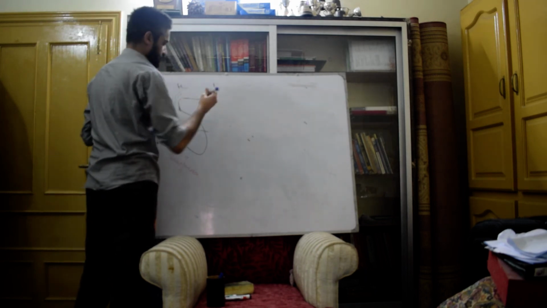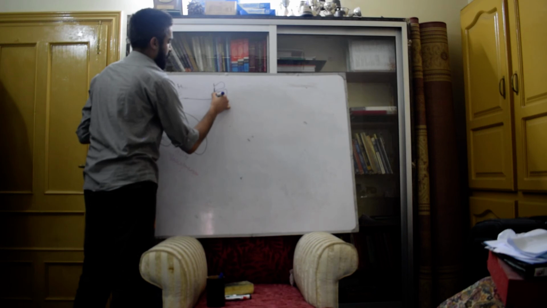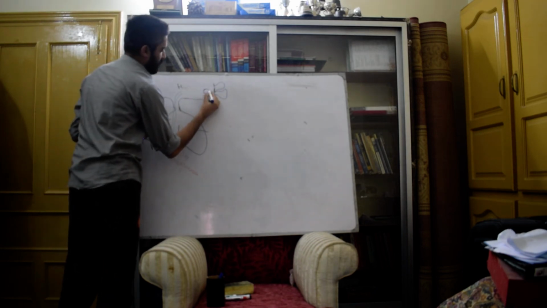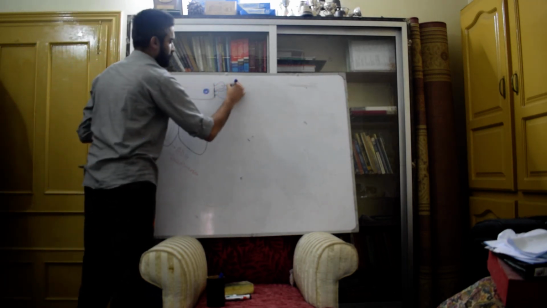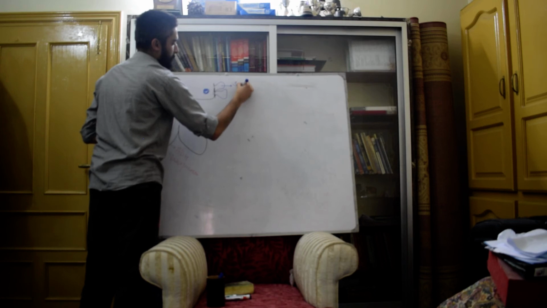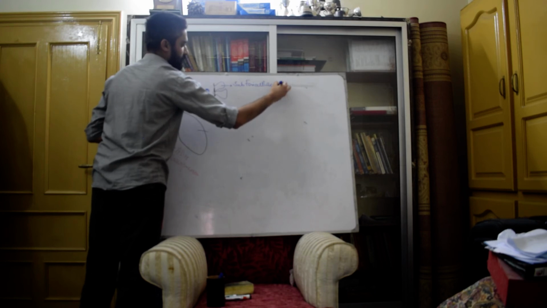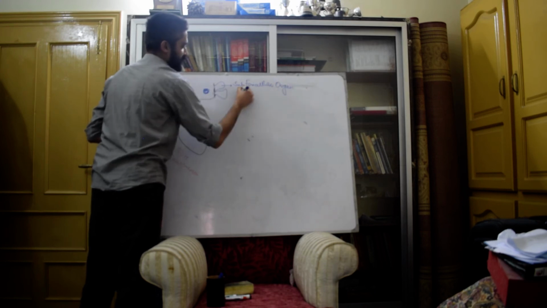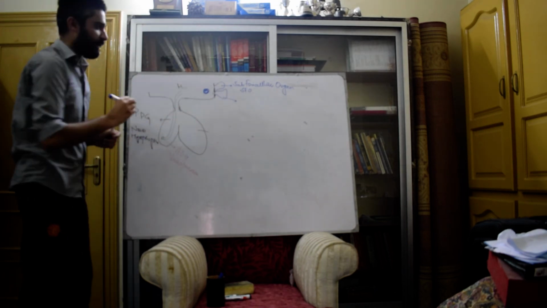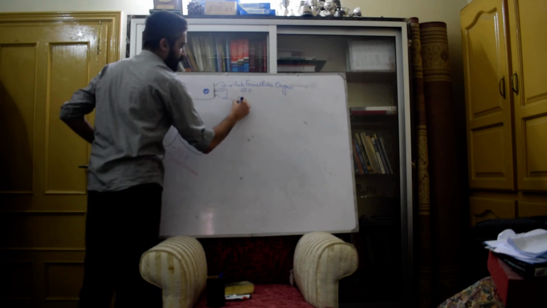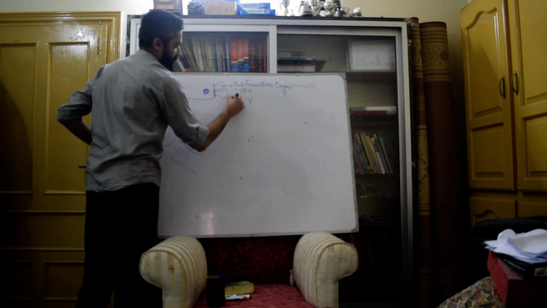Besides the supraoptic nucleus, this outgrowth has two names: the subfornical organ, with the short form SFO, and here is another organ, the organum vasculosum. So there are two organs, number 1 and number 2.